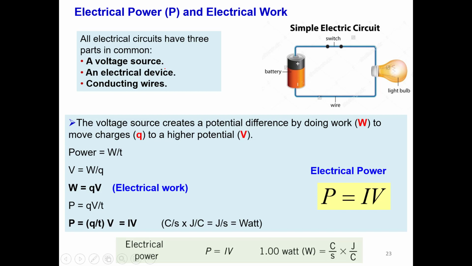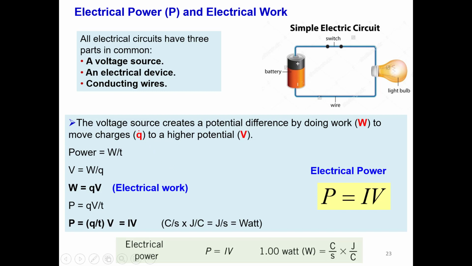The simple electric circuit has 3 parts. One is the voltage source, which can be a battery; an electrical device in which the work is done, which is the light bulb in this case, or can be a lamp or a motor; and conducting wires, which are used for the electrons to move, the charge to move.